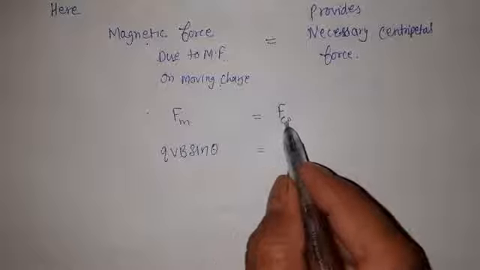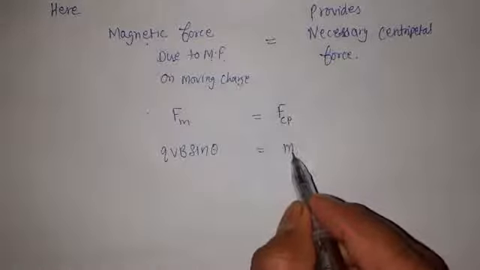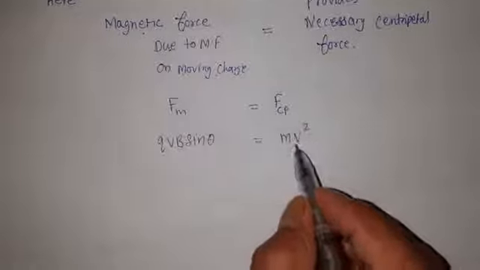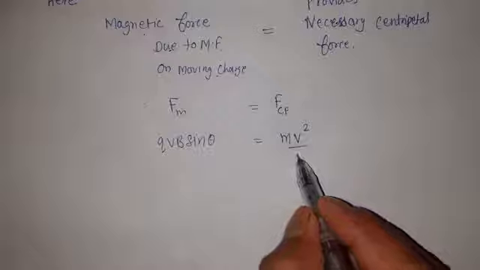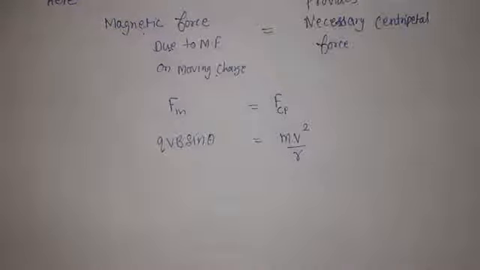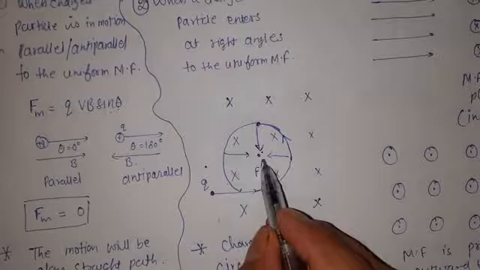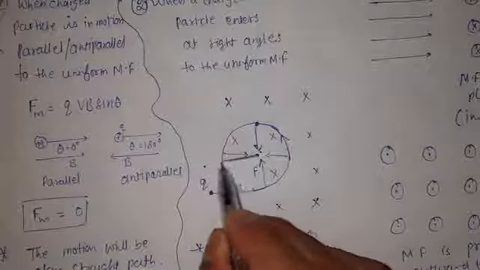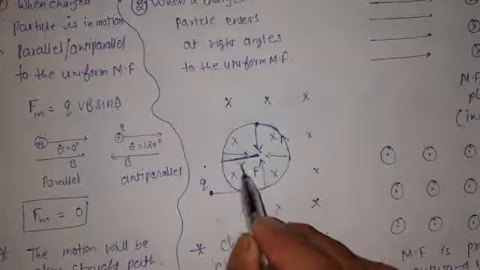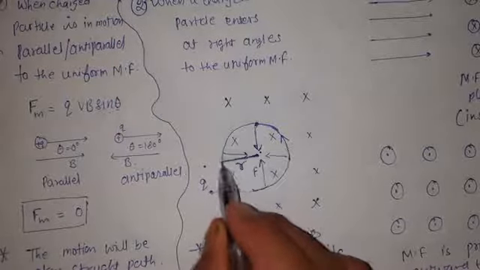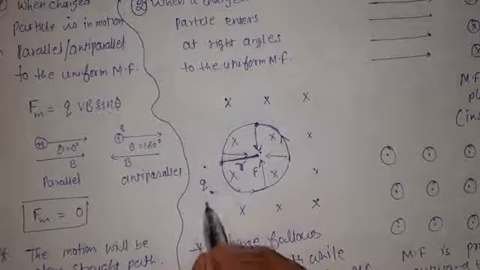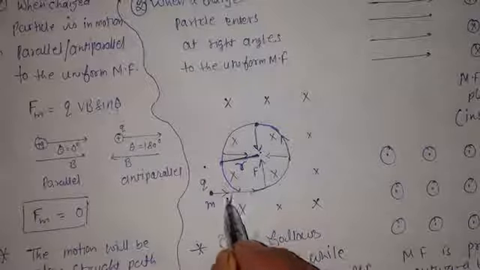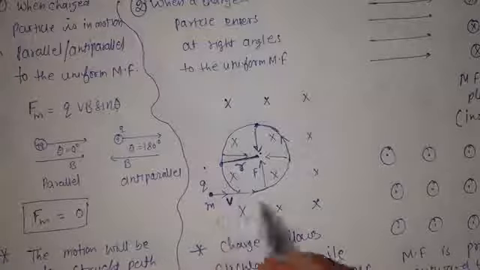And over here, how much is the centripetal force? It depends on the mass and the speed with which it is moving in that circular motion, divided by the radius of the circular path. Okay, so here it is the center seeking force. So it is a circular path and let the radius be small r. This is the charge which is moving in it, having mass m, and it is going to enter this uniform magnetic field with speed v.